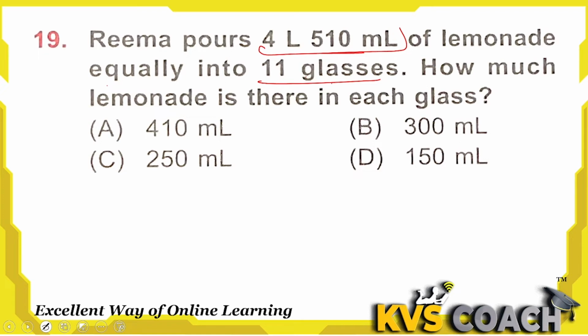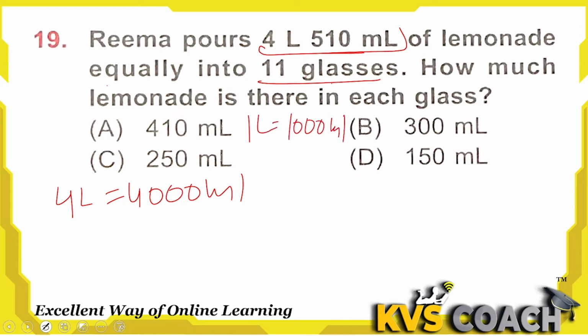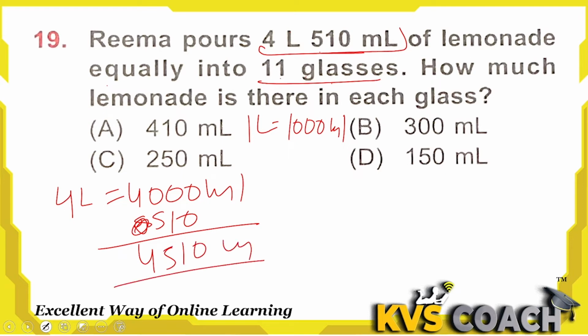Obviously glasses are holding in ml, not in liters, so we will change this into ml. 4 liter is equal to 4000 milliliter. I told you that 1 liter is equal to 1000 ml, so 4 liter will be 4000 ml, and 510 ml extra is also here. So this will be 4510 ml. It will be holding 11 glasses, so let's divide by 11 and check how much can be filled.